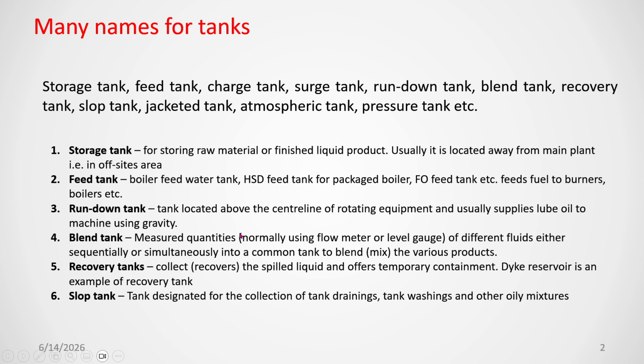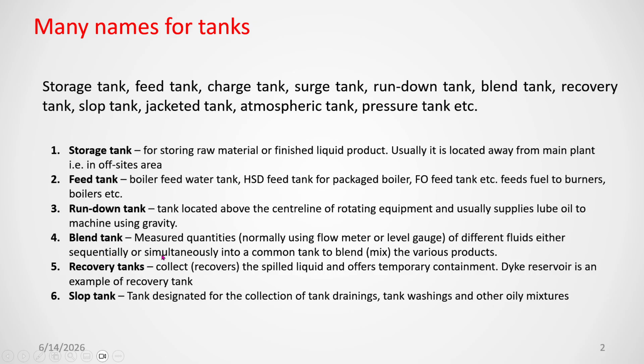Otherwise, if your compressor or turbine is running and there is no oil, then your bearing will be damaged. But if you are having the rundown tank, you can provide the oil supply. This rundown tank has so many features that we'll discuss later on.